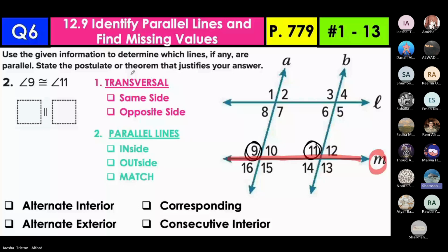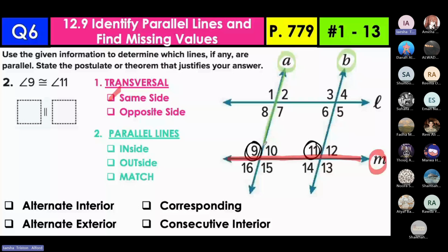Same side. Then what's going to be your parallel? Which lines are the parallel? A and B. How do you know it's A and B? They have to touch the transversal and the number.